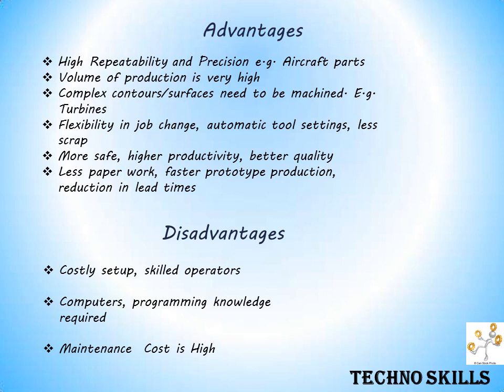If you see an Indian CNC manufacturer's machine, it starts from 15 lakh onwards, for a simple machine with no add-on facilities. And minimum computer knowledge and programming knowledge is required for the operator, because he needs to check the program, execute the program, and select the program. So many options are there, so he needs minimum knowledge of computer operation.